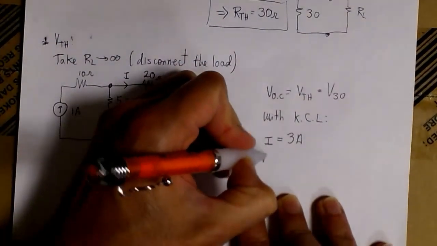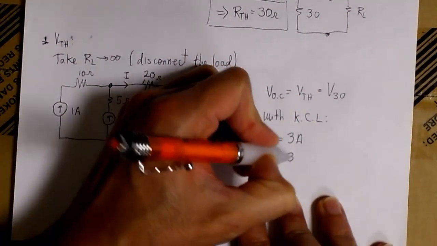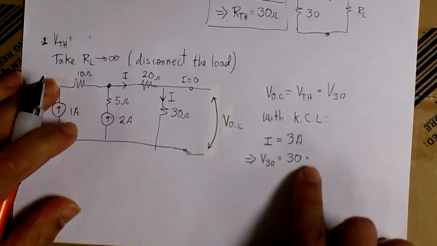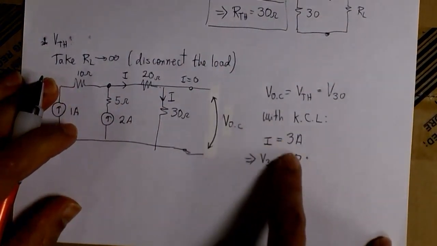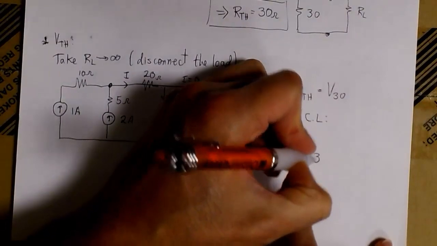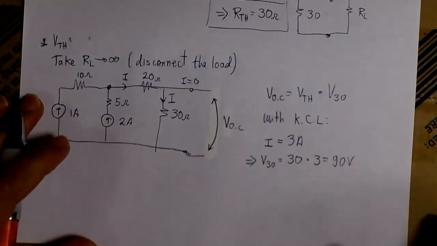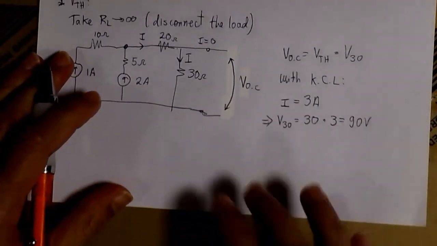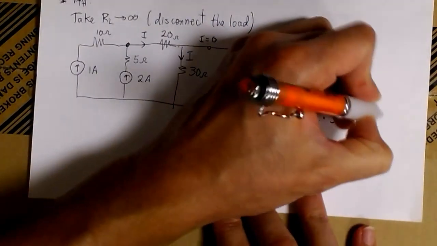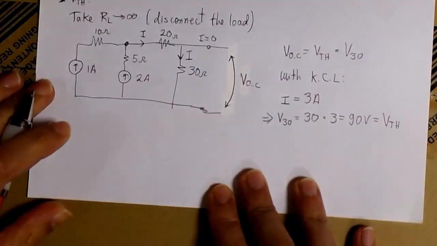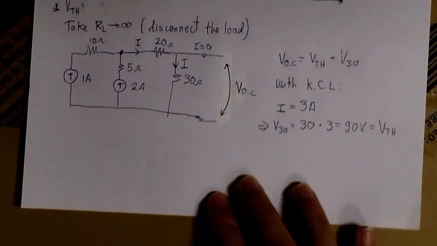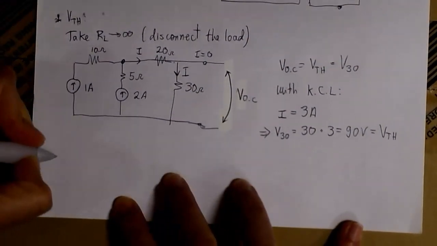Now that we have the current, we can easily find the voltage across the 30 ohm resistor by taking 30 ohms, multiplying that by 3 amps, and we get 90 volts. And that's the V30 ohm. That is exactly equal to V Thevenin. So we're done.